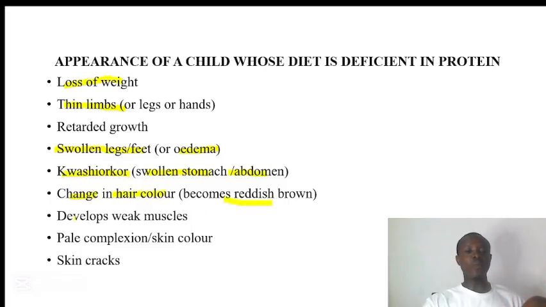They will develop weak muscles because protein is needed for growth and development of muscles. So if a child is deficient in protein, that child will develop weak muscles, and they will have a pale complexion. That means the color of their skin will be pale.